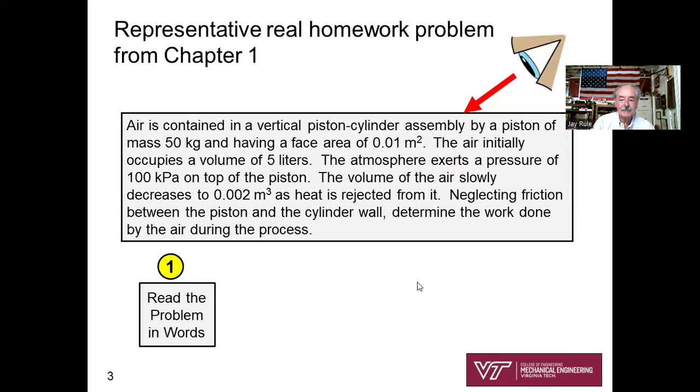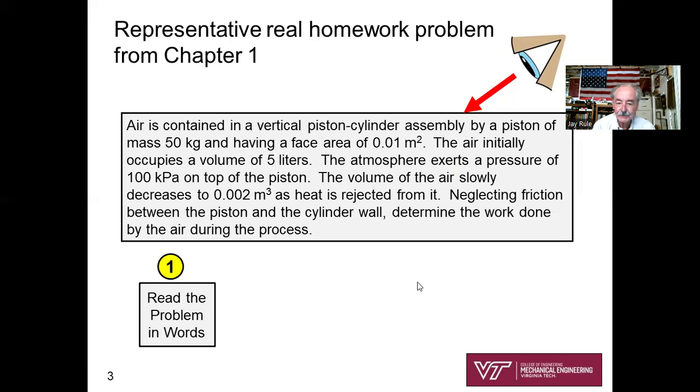This is a representative problem that I found basically from chapter 1. So this is a real problem. Let's read the problem in words first. Air is contained in a vertical piston and cylinder assembly by a piston of mass 50 kilograms and having a face area of 0.01 square meters.